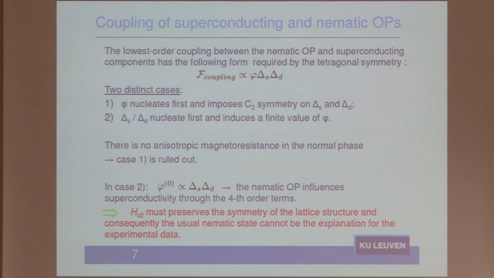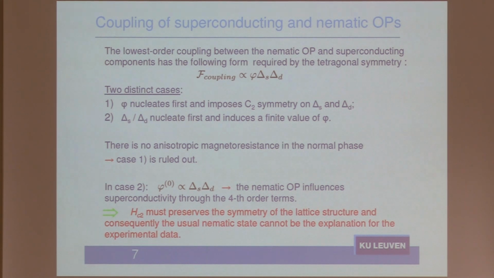So why is this not falling into the normal paradigm? In, say, the Ginzburg-Landau functional, if you want to couple some nematic state, one of these which we discussed, with the superconducting state, it will be of this type. Because this is C2 symmetry, this product of the order parameter, and phi is also C2 symmetry. And the terms in Ginzburg-Landau should be invariant under tetragonal symmetry. So then there are two scenarios.